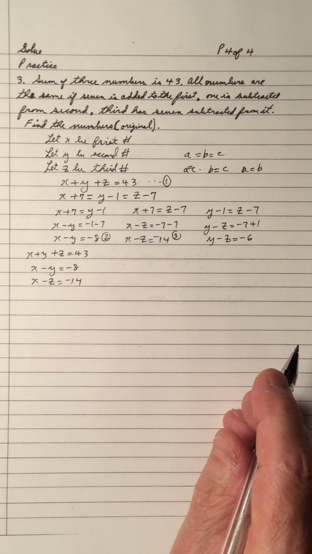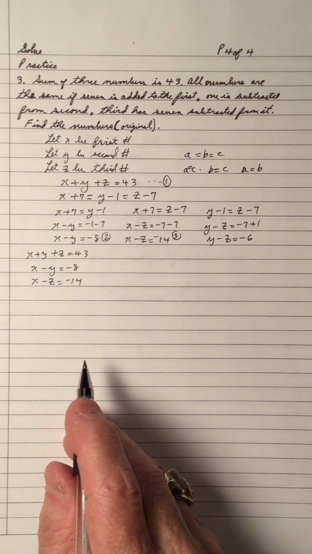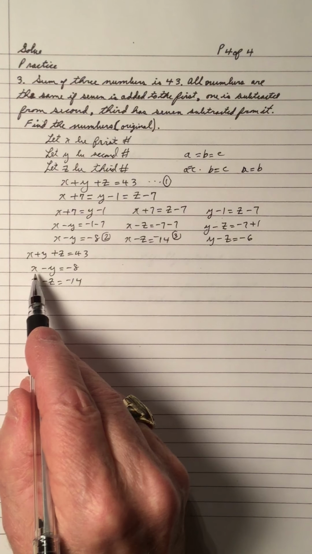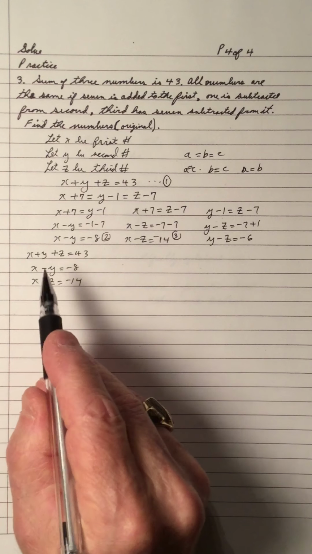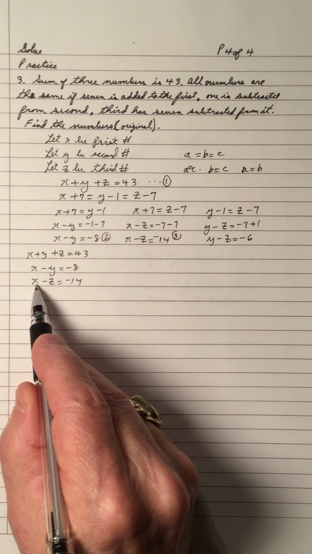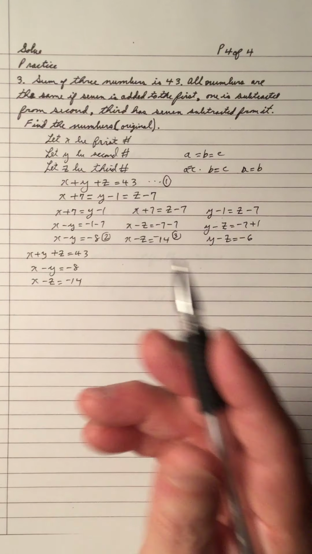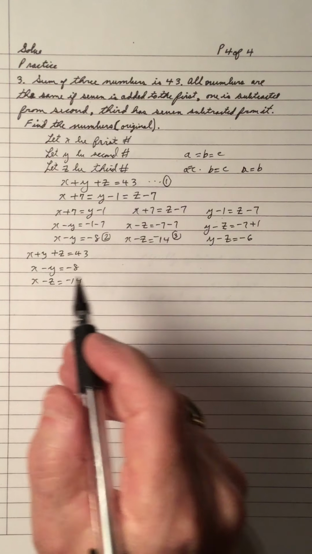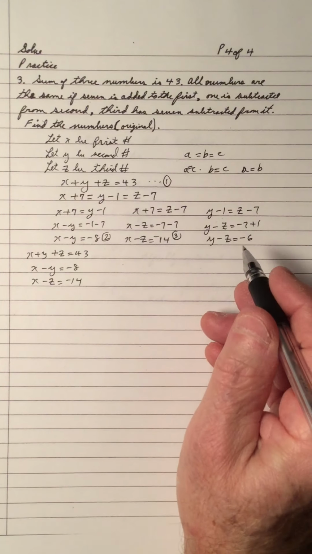So, how are we going to work this out? Again, I could solve this equation for x and sub it in here, I'll get a y. Solve this equation for x and sub it in here, and I'll have all y's. Or I can do an elimination. I'm going to use that strategy.